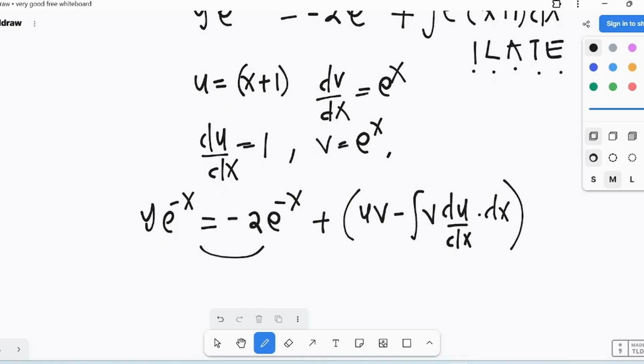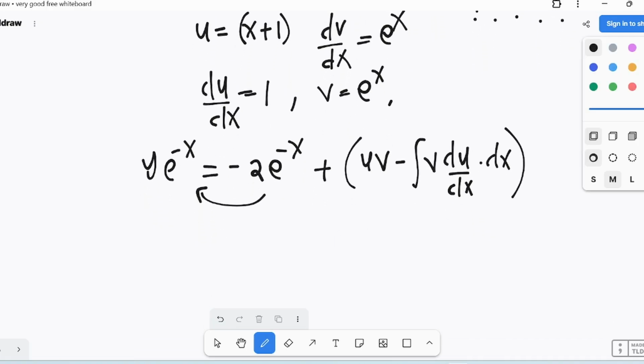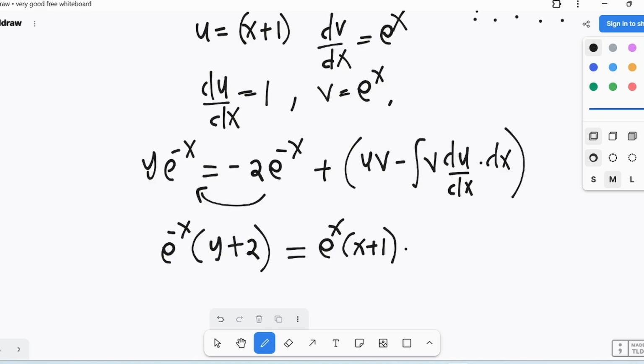We can take this side, and when we take it that side, we can have e^(-x)(y + 2) equivalent to e^x, that is your v, times your u, which is x + 1, minus the integral of v, which is e^x, times du/dx, which is 1, times our dx.